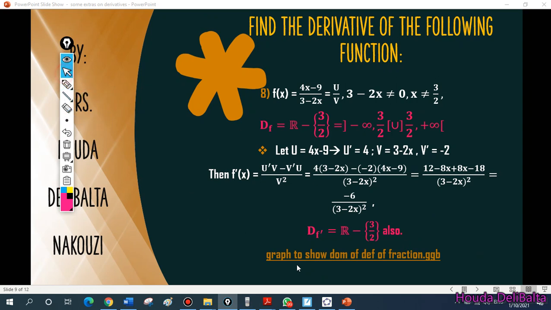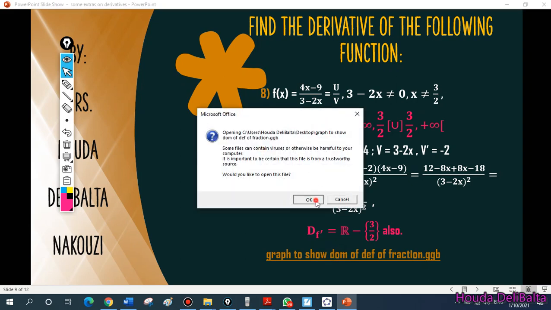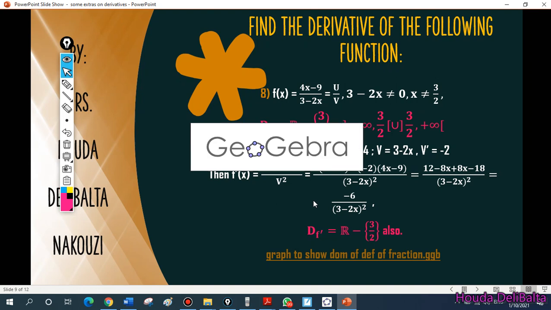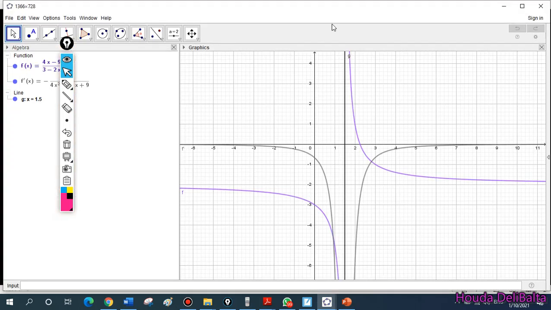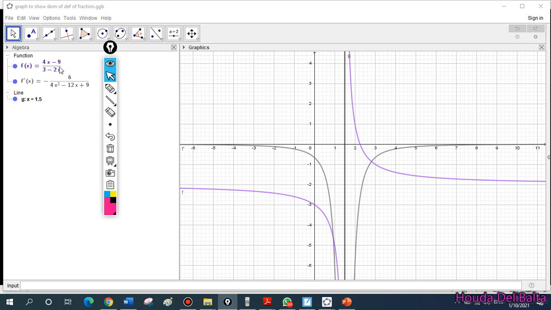Now let's visit GeoGebra again to view the graphs of f of x and its derivative f prime of x, and to see how they are not defined. Both are not defined at 3 over 2. Here I drew 3 over 2, which is a vertical line, and the purple one is the graph of f of x.